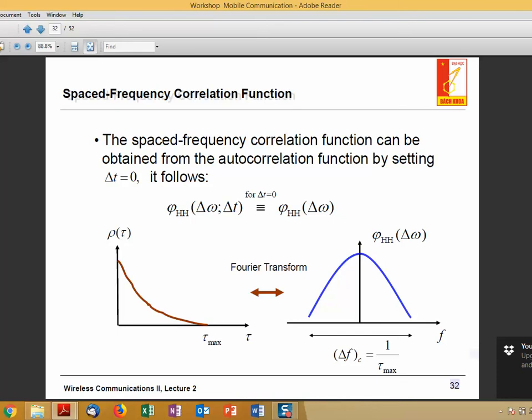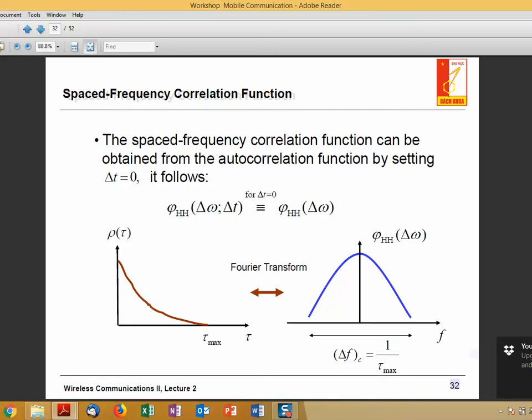So if the channel has a very long time delay, then the coherence bandwidth becomes very short. And if you travel with a rocket, then this becomes big.